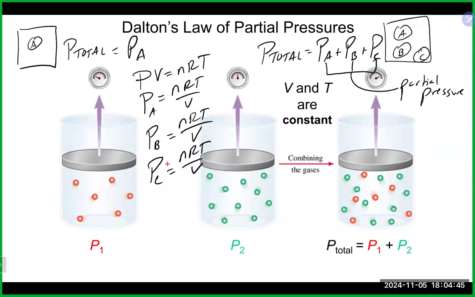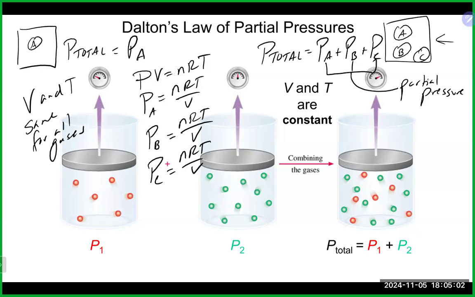That will give you your total pressure. Now, because all these gas molecules are in the same container, the temperature and volume will be the same for all the gases.